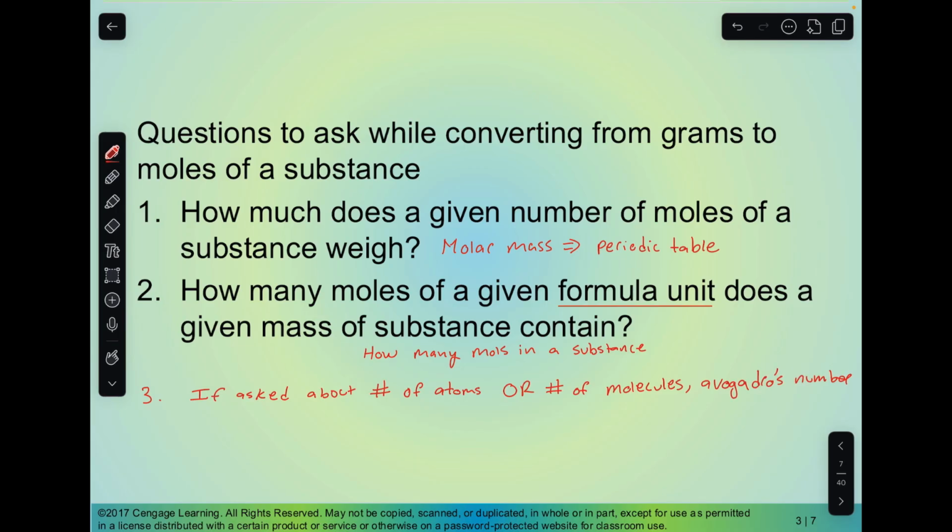It's likely that if you are asked about the number of atoms, the number of molecules of a substance, or the number of formula units, let's put that there, you may need to invoke Avogadro's number, and then you would be able to convert from one number to another. So if you're asked about the atoms or the molecules, you may need to use Avogadro's number.